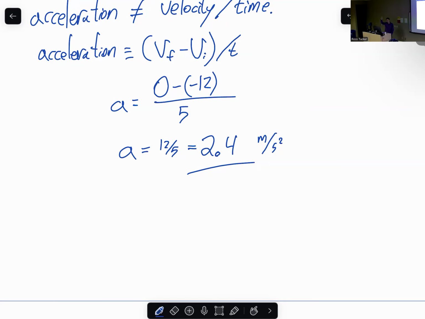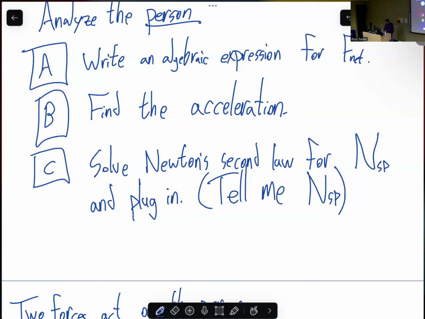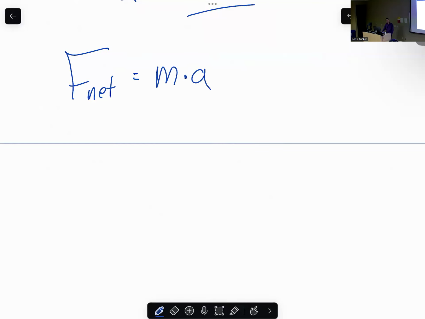How is velocity changing? That is the upstairs of acceleration. Okay. And the third part is if I plug into the second law, I can solve for n. The second law, I will remind you, states that the total force on an object is the mass of that object times the acceleration of that object.